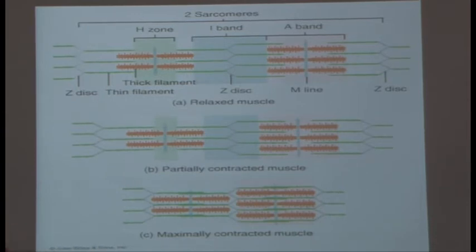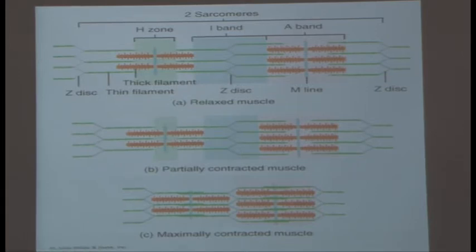And then every sarcomere does this all in a row. Every myofibril does this all at once, so that a muscle cell does this all at once. And then every muscle cell controlled by an individual neuron does it. So that is amazing when you think about it.